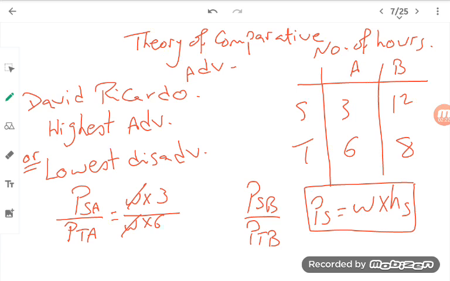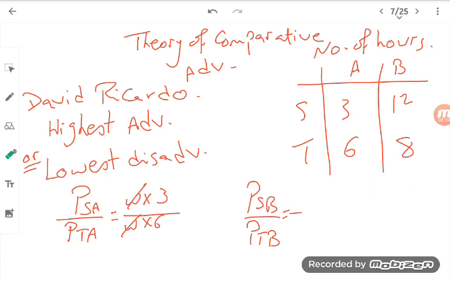So from the schedule, we can calculate the relative price in country B as follows. The price of soybeans will be 12 divided by 8. This is half and this is 1.5.